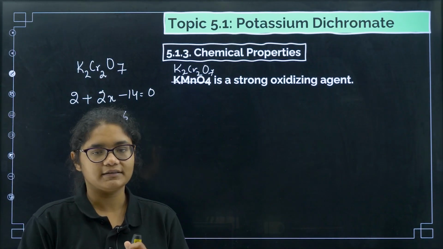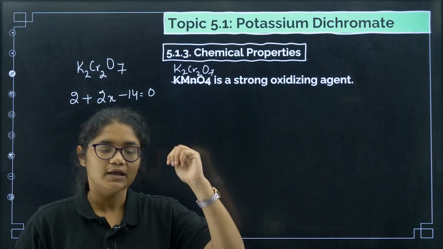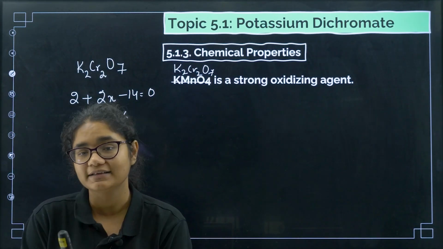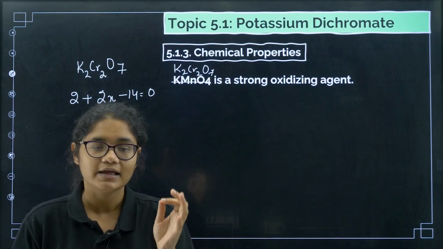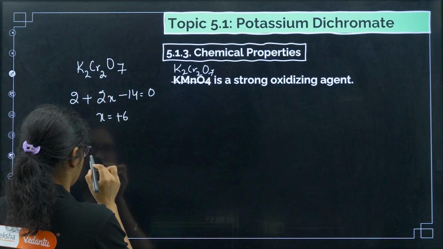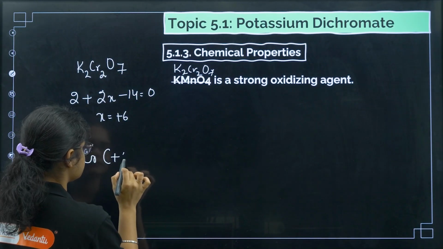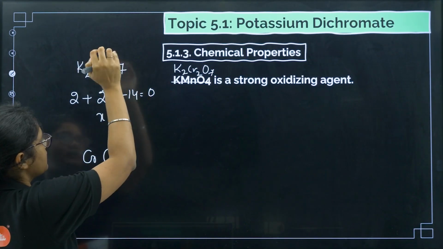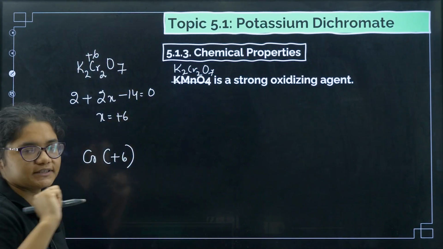Now if you have seen the table, whatever oxidation states chromium has, the highest oxidation state it can attain is plus 6, right? Now already in K2Cr2O7 chromium is in the plus 6 oxidation state.